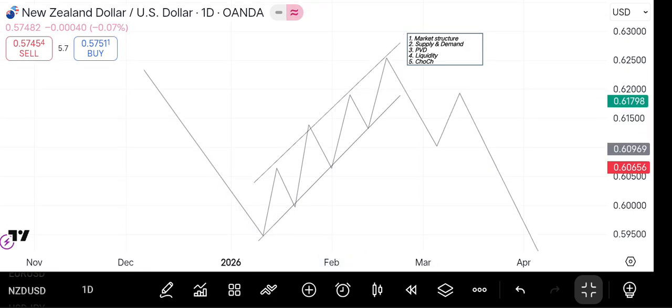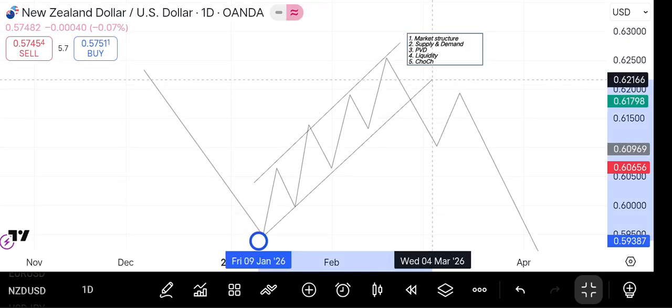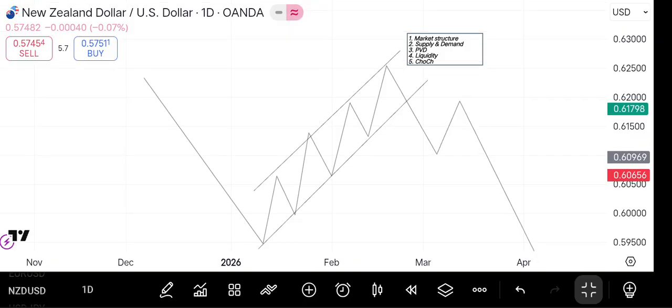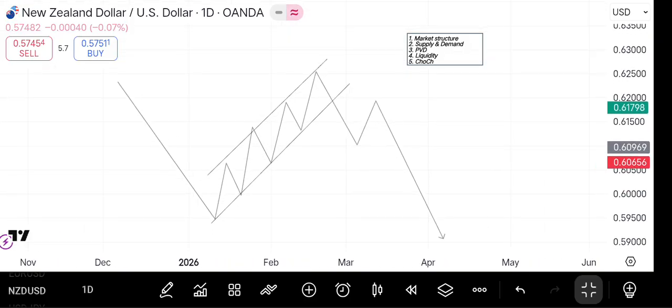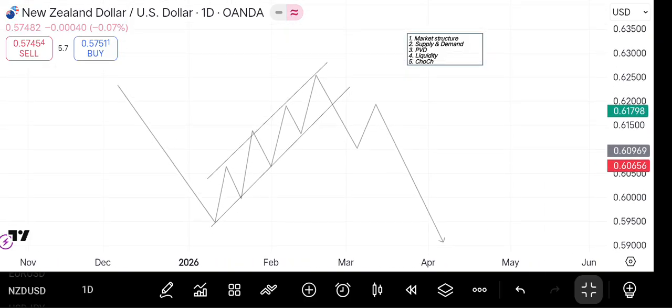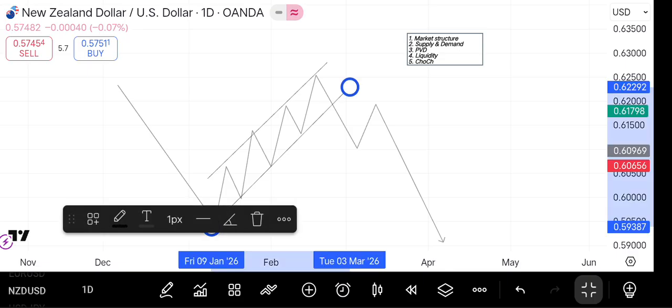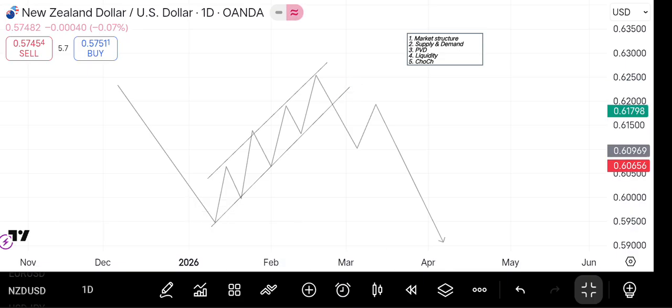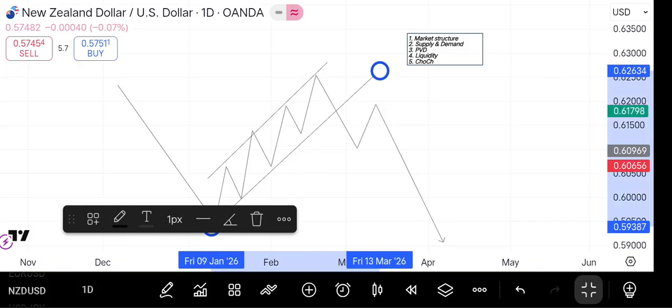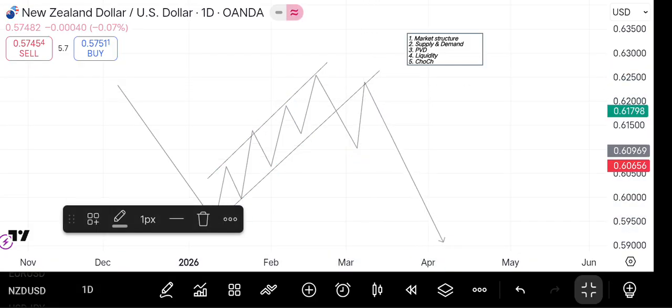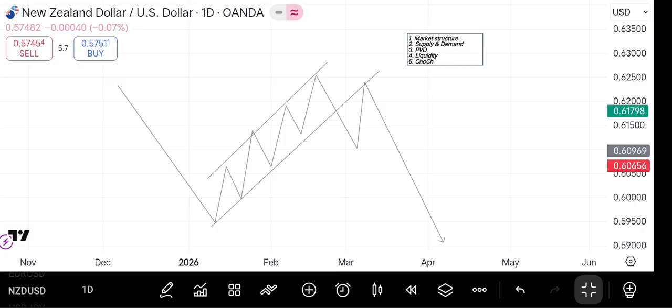The market hasn't pushed down yet. The market hasn't broken the trend line. It's just still inside the trend line. What do we understand as a trend line trader? The market is to break out of the trend line and then retest the trend line. The market has to retest the trend line and then starts selling down again.